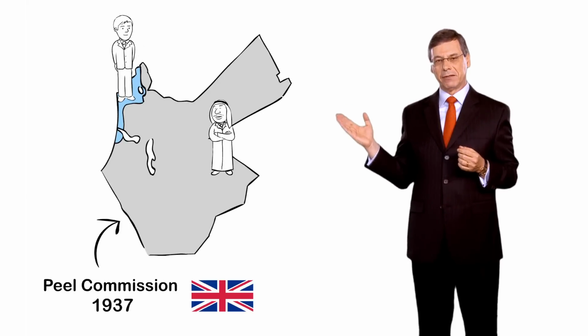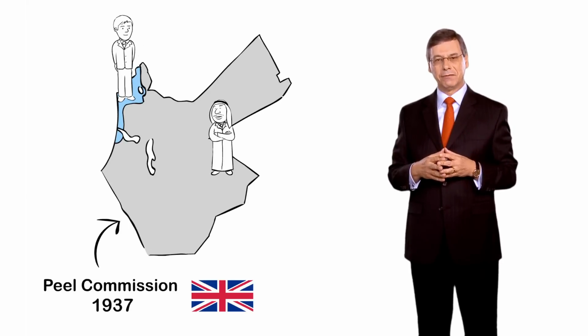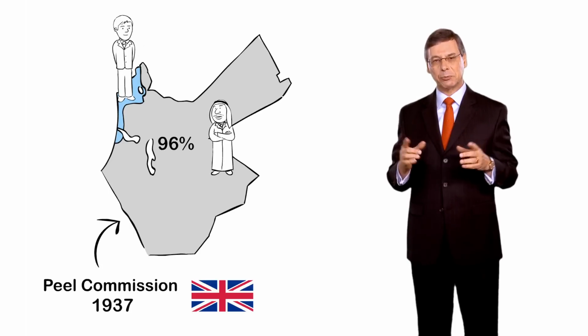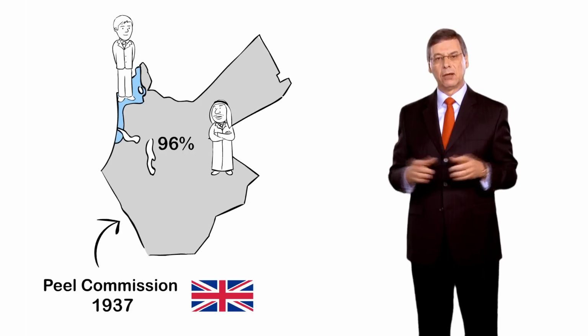In 1937, the Peel Commission recommended a division of the land, a Jewish state and an Arab state. The Arab portion would include 96% of the territory that the League of Nations had originally designated for the Jewish homeland. This included far more than just the West Bank.